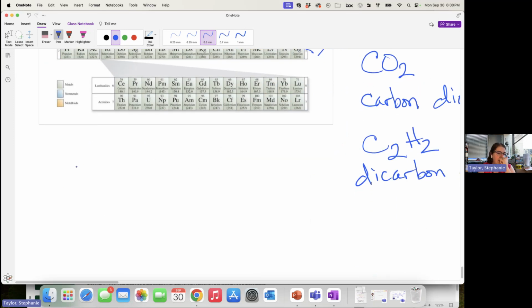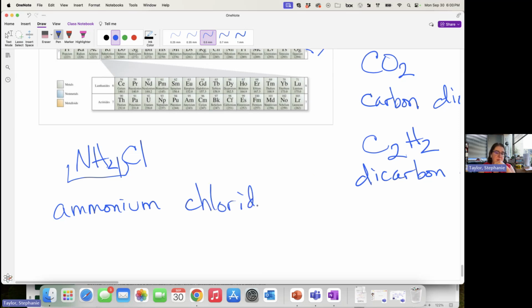The exception is things like this, where this is all nonmetals, but this is actually a polyatomic ion. So this is actually ammonium chloride. There are still no prefixes here because this is actually ionic, because this is the ammonium ion and a chloride anion, and that's why there are no prefixes here.